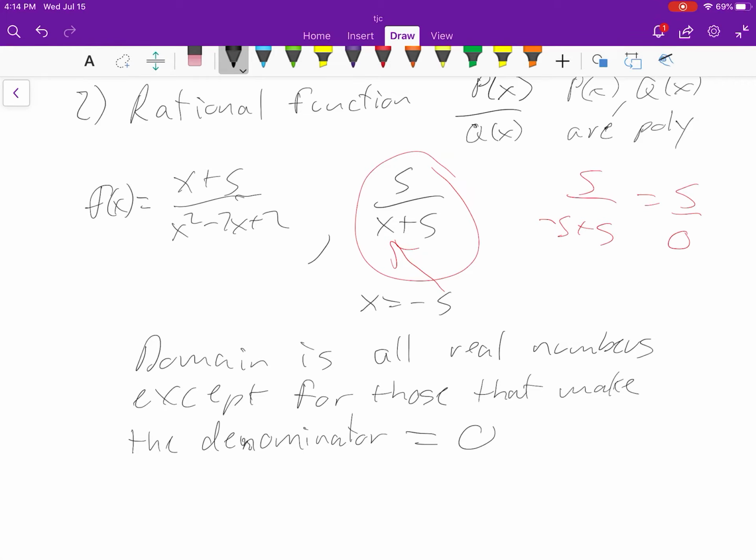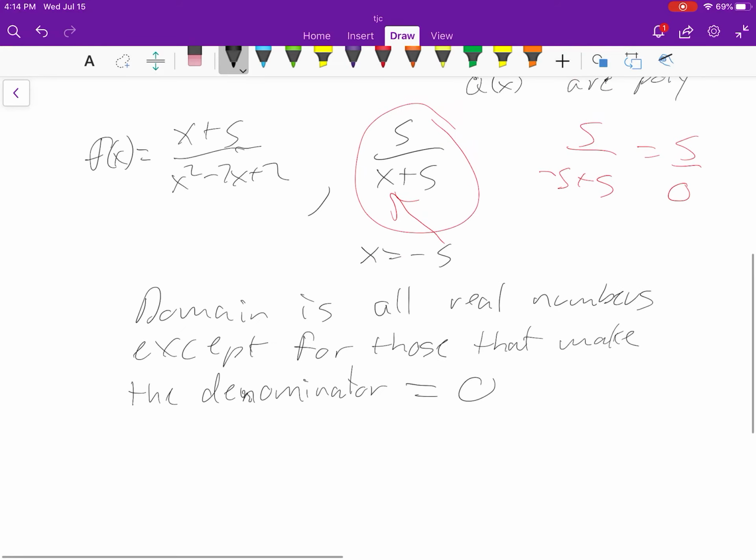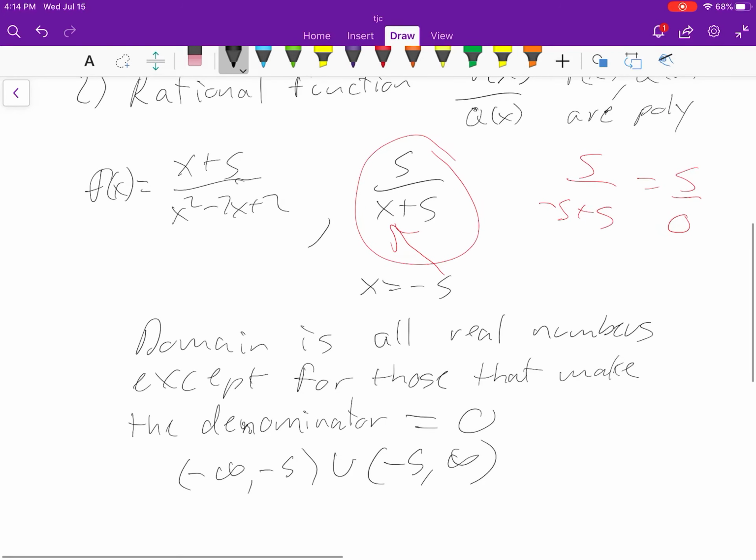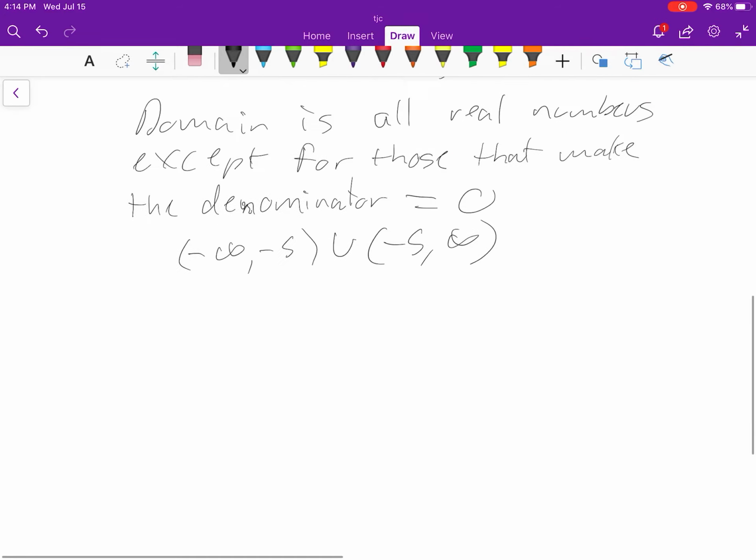Okay, so in the example that we just looked at, its domain would be all real numbers except for negative 5, so you'd write it as negative infinity up to negative 5, unioned with negative 5 to positive infinity. It's another way of saying all real numbers except for negative 5 in this example here. So that's your rational functions.